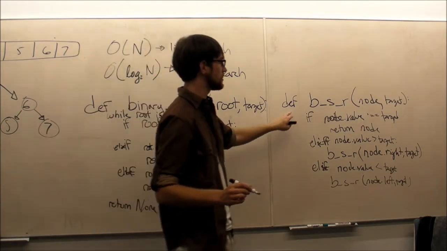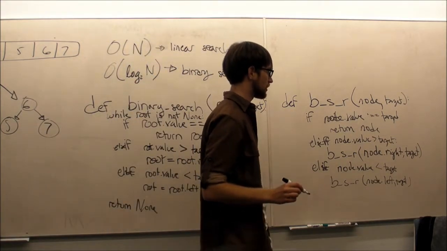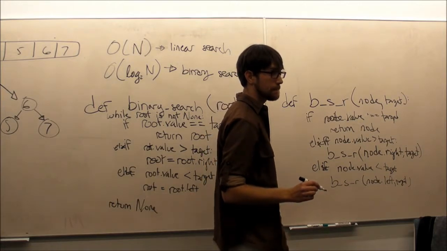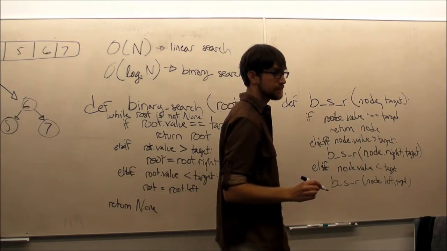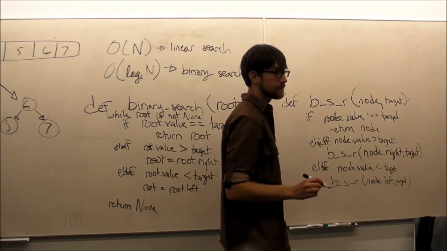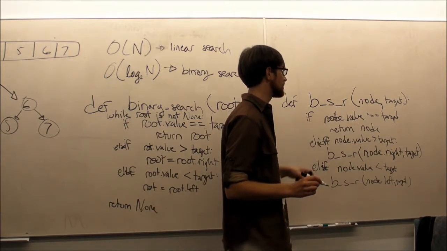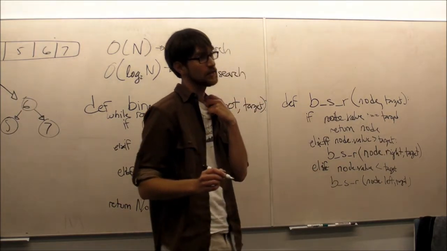And so what do we have to do to make this binary search version work? Check to see if the left or the right is None, like if it doesn't have a left or a right child. And so we could do that with how it's written. We don't actually need to. We can add in a different check.